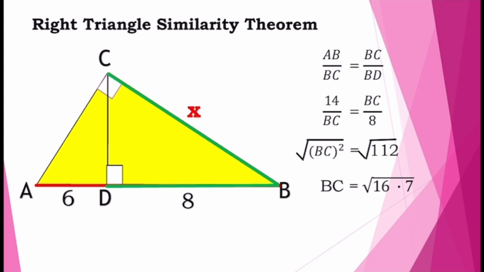Among 16 and 7, 16 is a perfect square, so we're going to move it out of the radical sign. Therefore, we have 4 square root of 7. So the value of BC is 4 square root of 7.